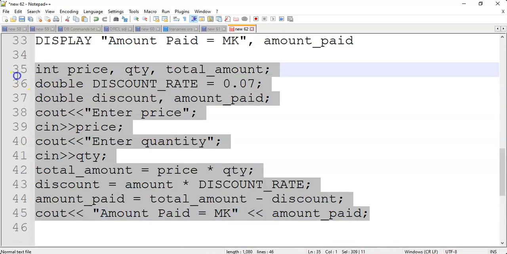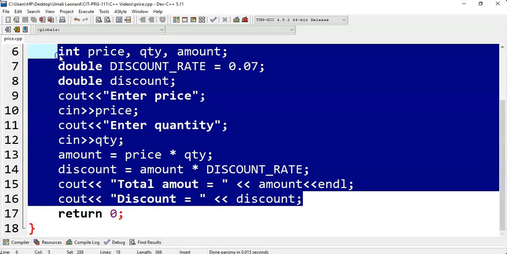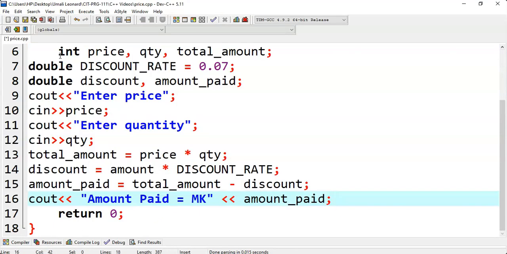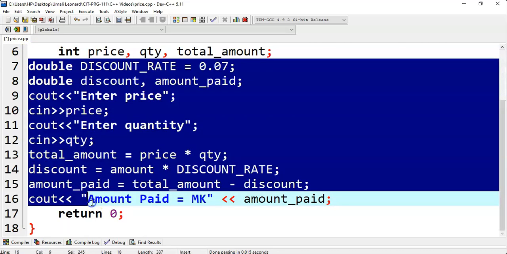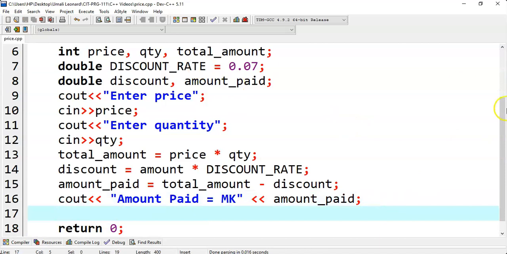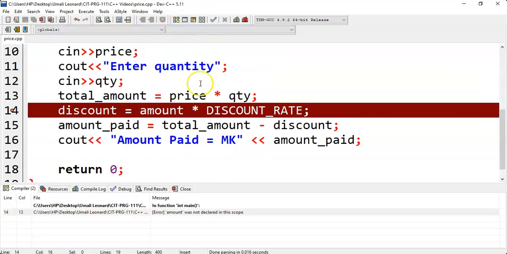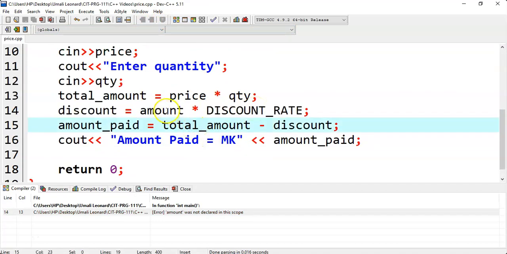Okay, let me copy this. Let me put it in Dev C++. And okay, let's format them properly. And let's try to compile. We have issues. Okay. Amount.